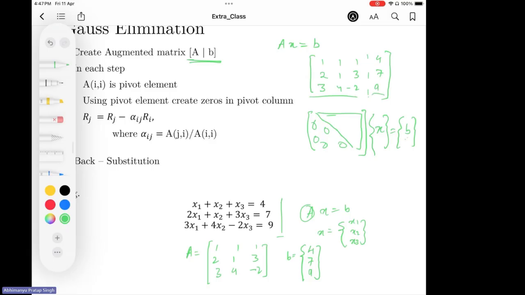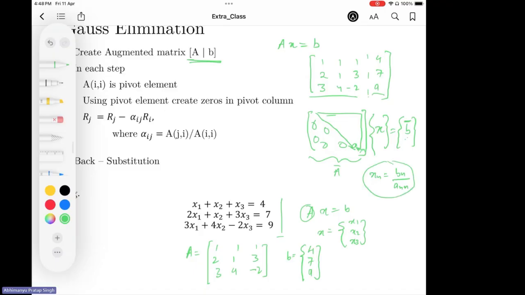So this b is not the same as this b; let me call it b prime, and this A bar. So we have A bar and b bar. Since this is an upper diagonal matrix and we have only one non-zero term a_nn over here, others are zero, we can simply find x_n as b_n divided by a_nn.